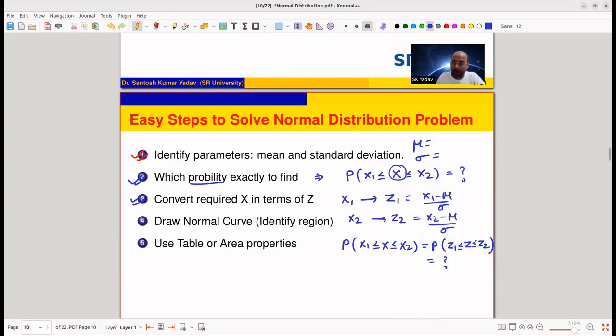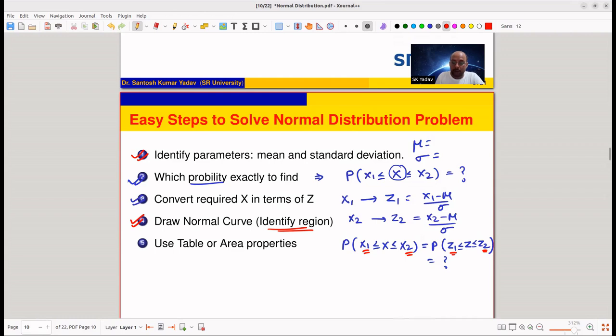Once we have converted x1, x2 into these z1, z2 values, we have to draw a rough kind of normal curve, because it is symmetric, and we can label these z1, z2 values on the x-axis, identify the region, and shade the area which we require, the probability we want.